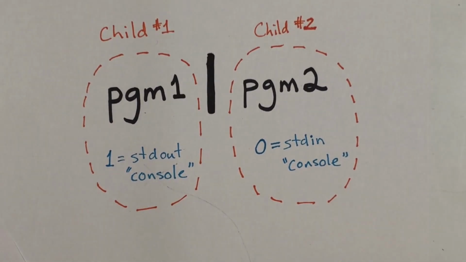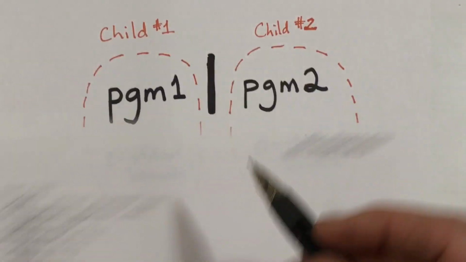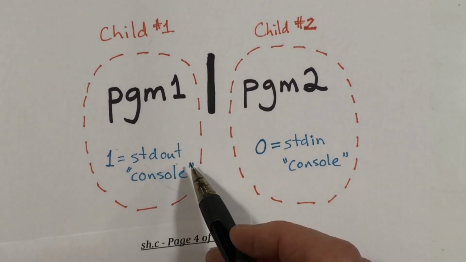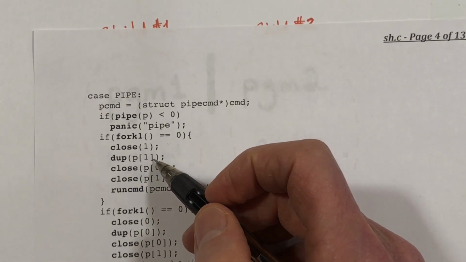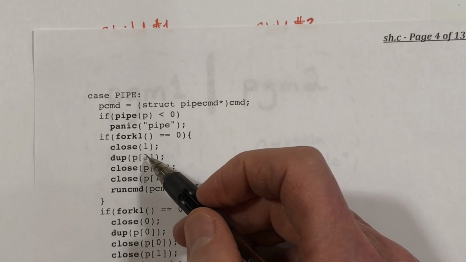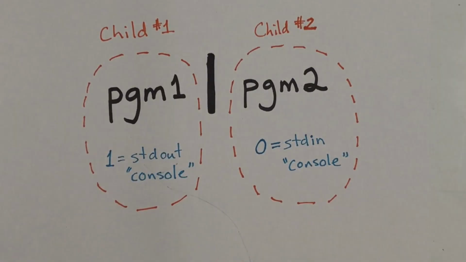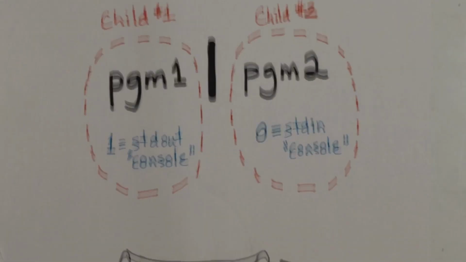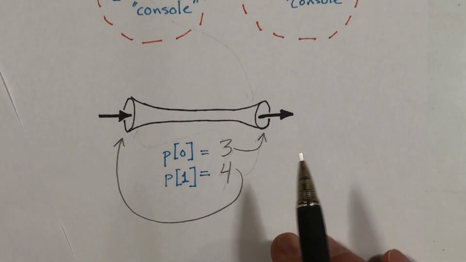So let's follow this code a little bit more carefully. In the first child, which is going to be executing program 1, we close standard out, and then we call dup. What dup does, it's a system call which takes a file descriptor and copies it. In this case, P1 is 4. It's pointing to the input side of the pipe.